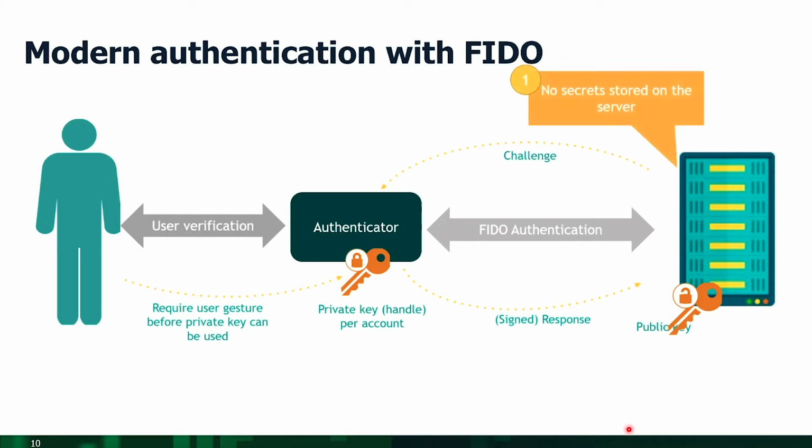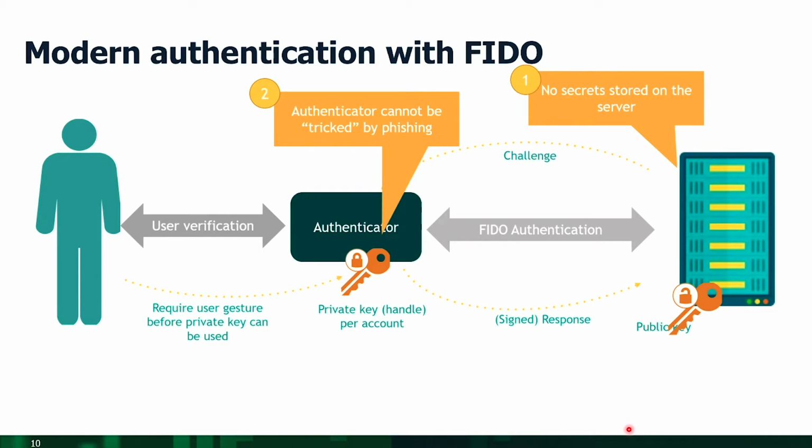Looking at this from the same standpoint as the old model, first, there are no secrets stored on the server. So the hacking opportunities there are significantly reduced. The Authenticator can't be tricked by phishing. One of the main reasons is that when you set up the Authenticator, it's bound to the user and to the site that you're connecting to.